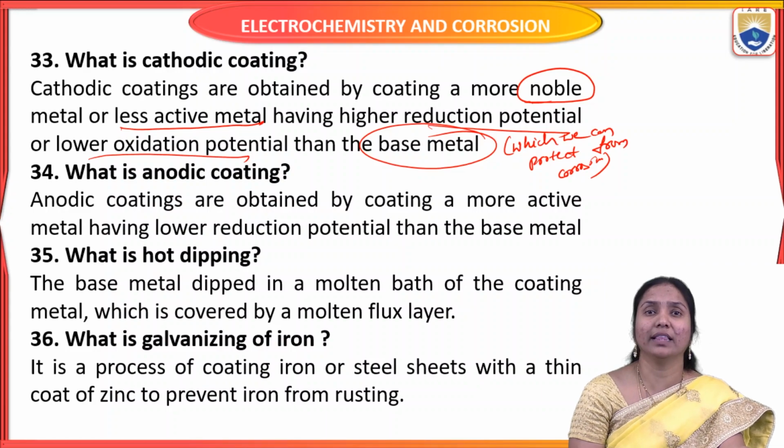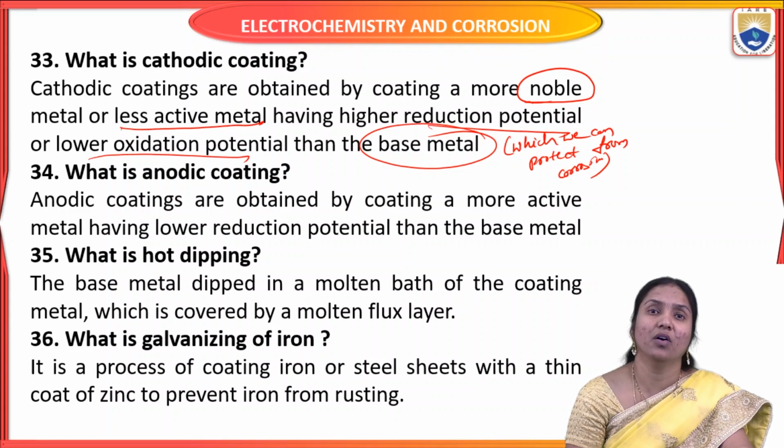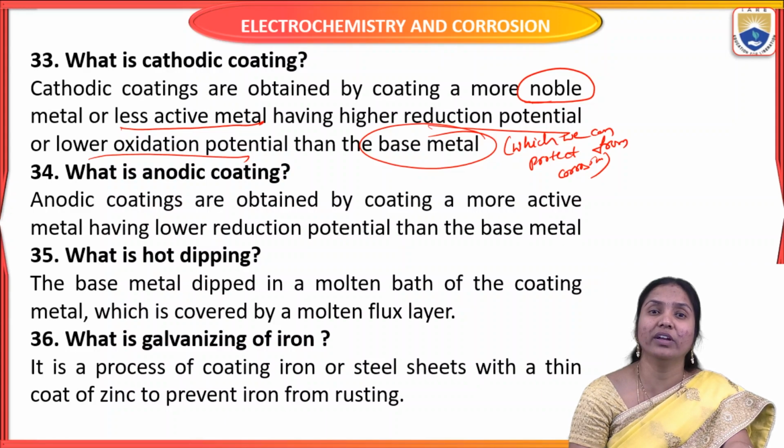So cathodic coatings are noble or less active metals having high reduction potential or lower oxidation potential than the base metal. When we apply these coatings on the base metal, they protect it from corrosion.